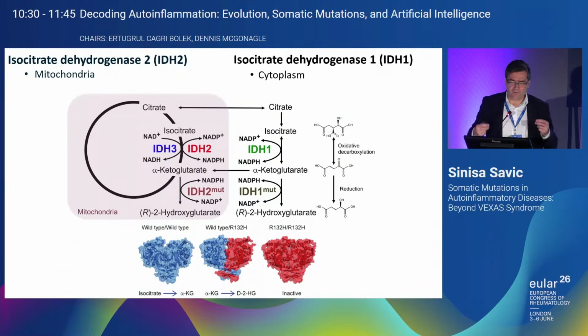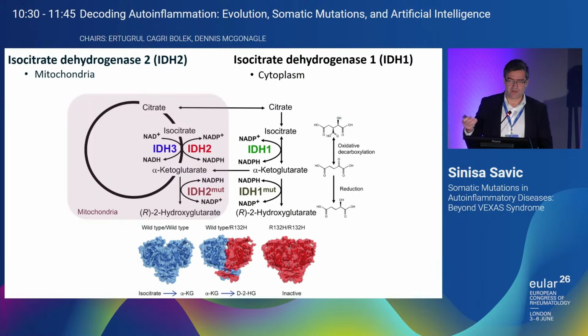Then we were interested in how these mutations can contribute to the inflammation, but we focused largely on IDH1 and IDH2 because a little more was known about them, and there are potentially some targeted therapies for these mutations. These mutations are known beyond hematology as well; they also cause neurological tumors and so on.